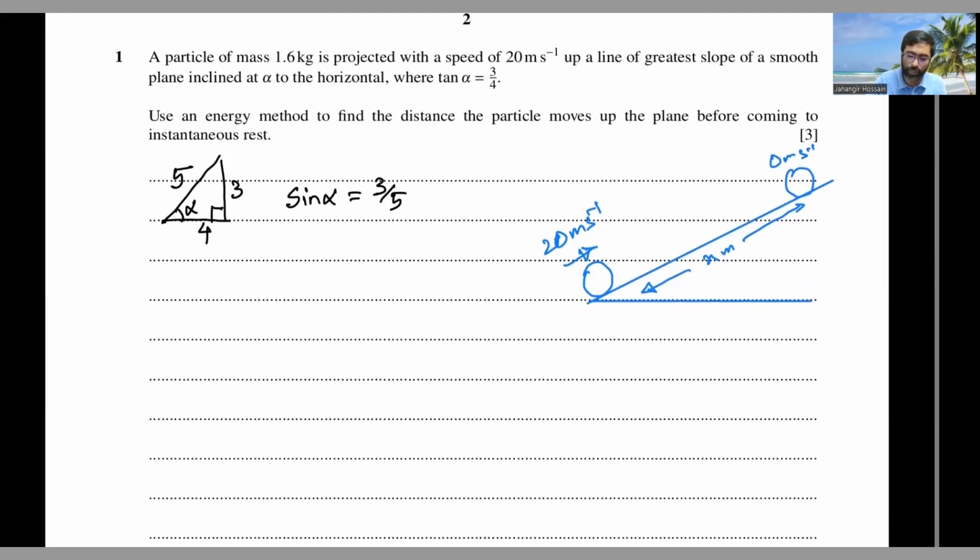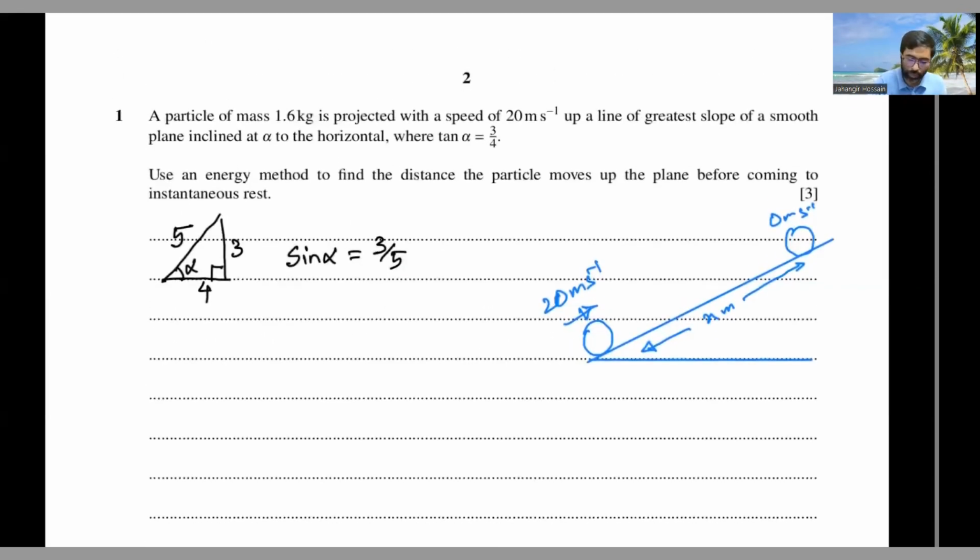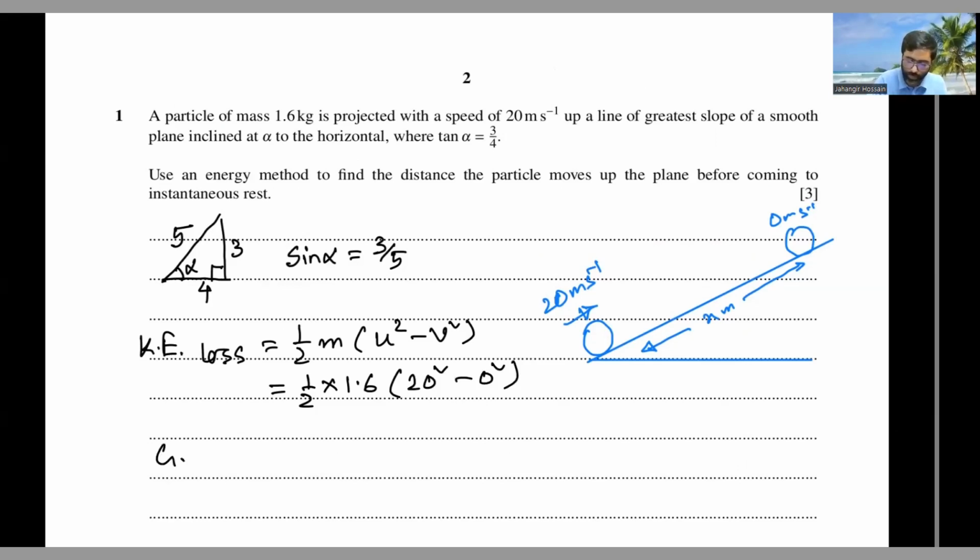Now, if you calculate the KE loss, KE loss is half into m, u squared minus v squared. v is obviously 0. Half into m is 1.6, u is 20, v is 0. And for the GPE gain, since it is an inclined plane, you can calculate it by considering the component of weight along the plane into the distance it travels along the plane.